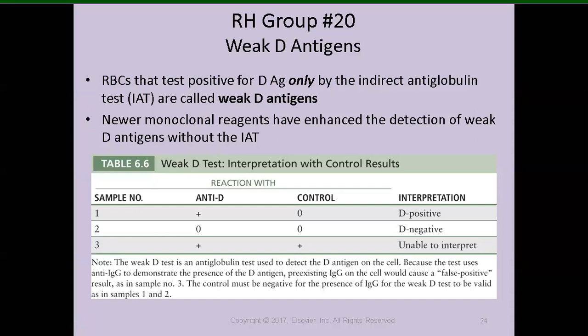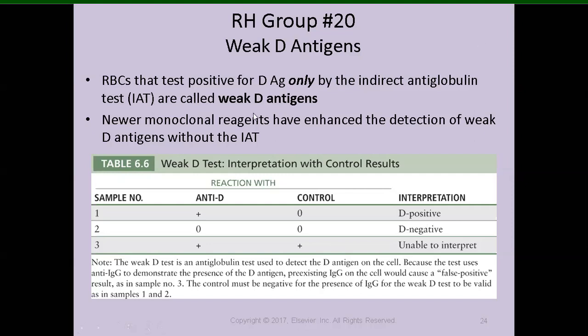Individuals with weak D initially look like they are Rh negative when we do that forward typing, and we need to do another step in our testing, the indirect antiglobulin test, which we learned about in lectures 2 and 3. And the indirect antiglobulin test actually helps us detect these weaker reactions that may initially have looked negative. Okay?